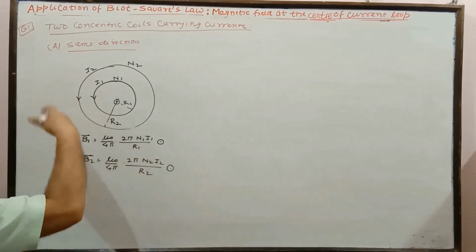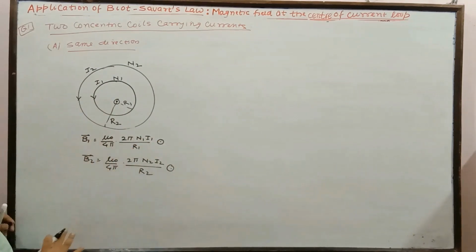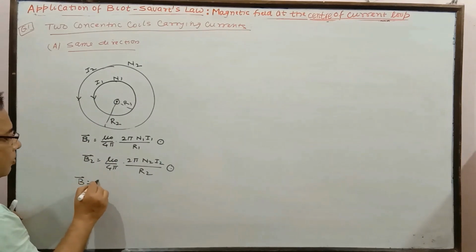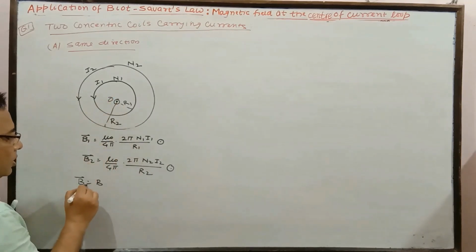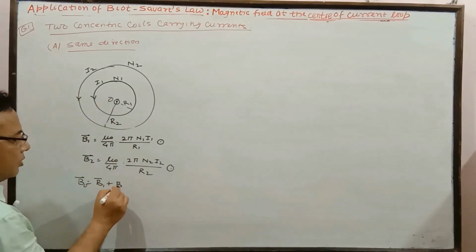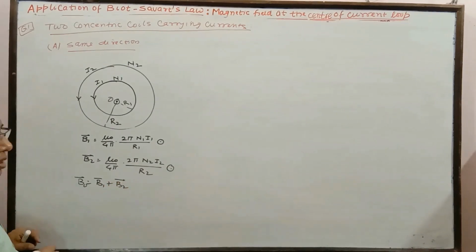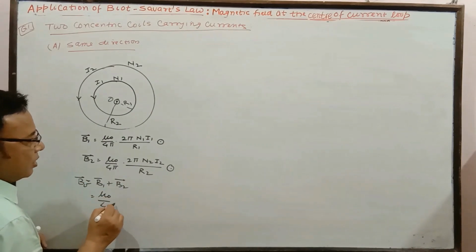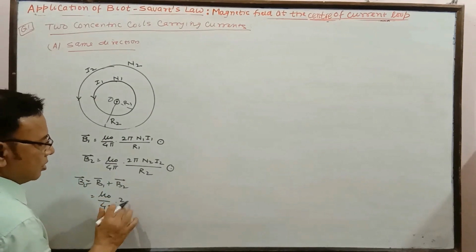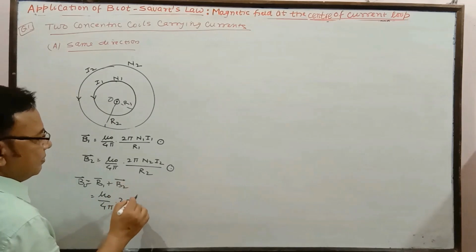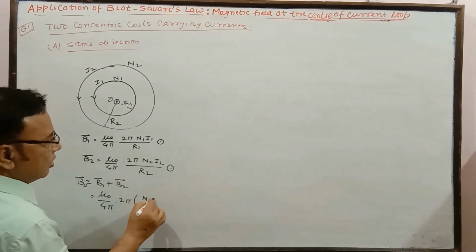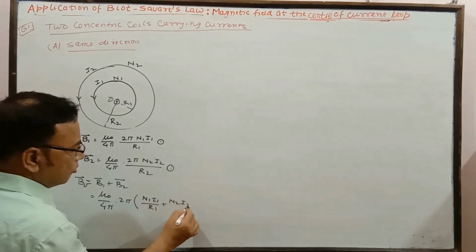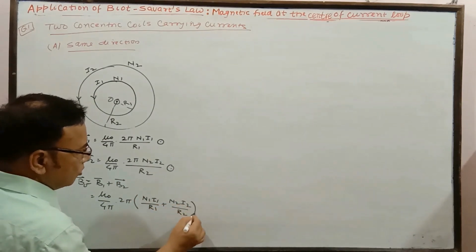In case of both opposite directed, there should be a cross only, the rest of the things remain the same. Both are in the same direction, so they are going to be added up. So B, the net magnetic field at O, is equal to B1 plus B2. What are the common factors? Mu naught upon 4 pi, 2 pi is common. So finally you shall have n1 I1 by r1 plus n2 I2 upon r2.